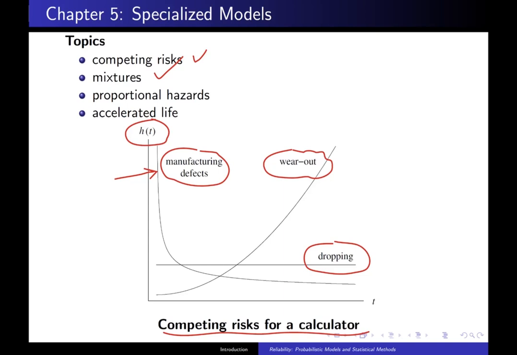Now, proportional hazards and accelerated life models both handle a vector of covariates. There is a vector, usually denoted by Q, that will contain covariates associated with a lifetime. Those two models are two different ways of incorporating the values of those covariates into the lifetime model.